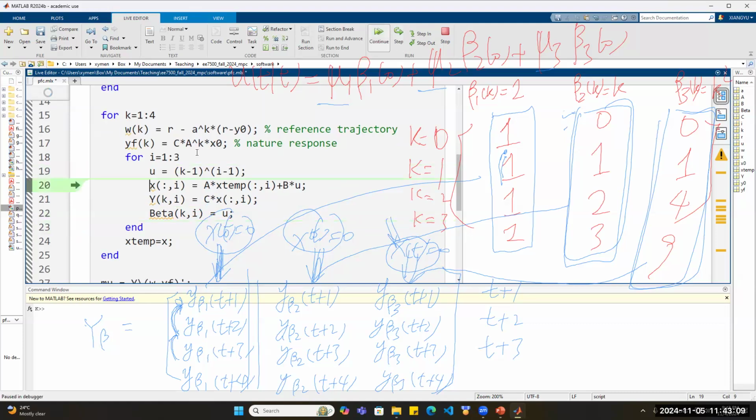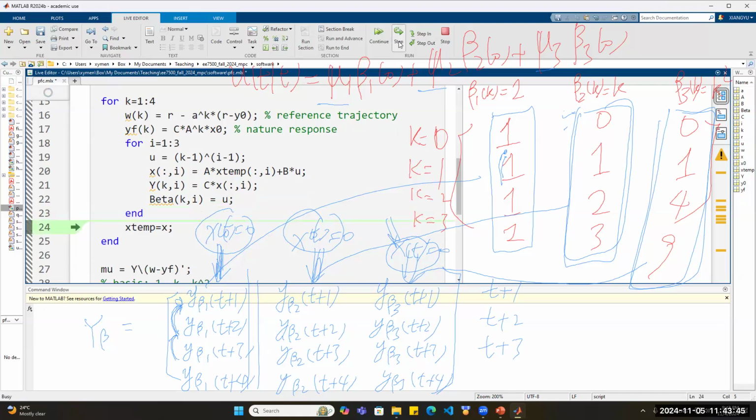You can see in this case the control input is not 0 when K is 1. So control input is 1. Then this is the Y here. Then this U is 1. This one corresponds to Y beta 3 T plus 2.